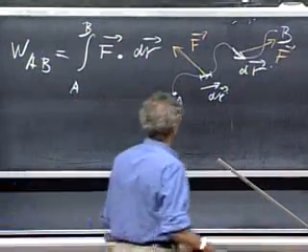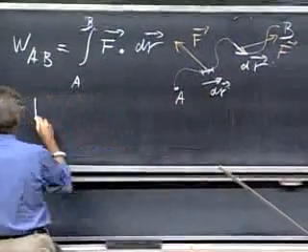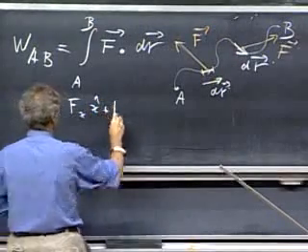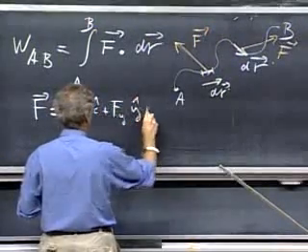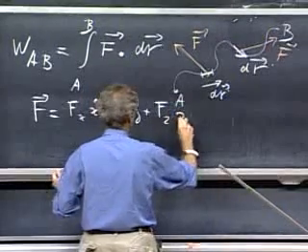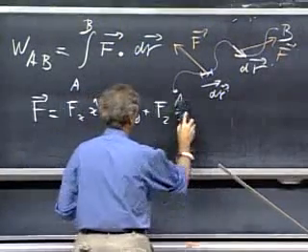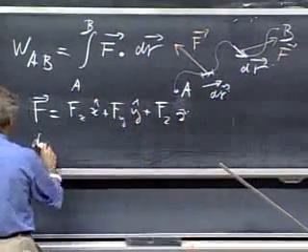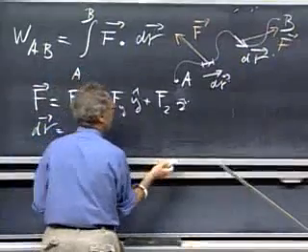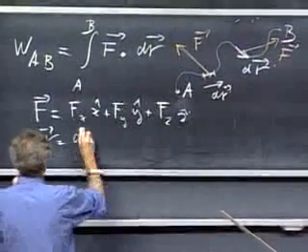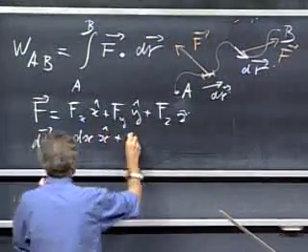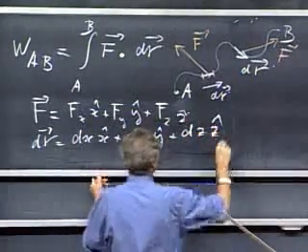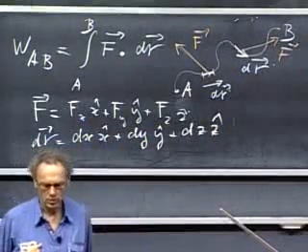So let the force be Fx x-hat plus Fy y-hat plus Fz z-hat. I'll move this up a little, put it here. And let dr, the general notation for vector dr, equal dx x-hat plus dy y-hat plus dz z-hat. It cannot be any more general.